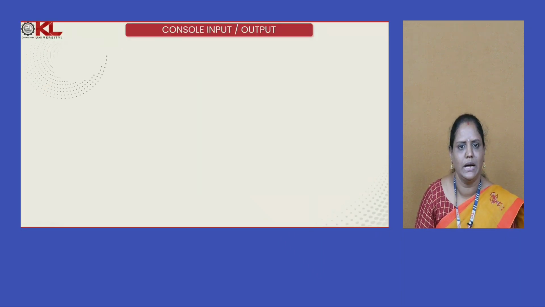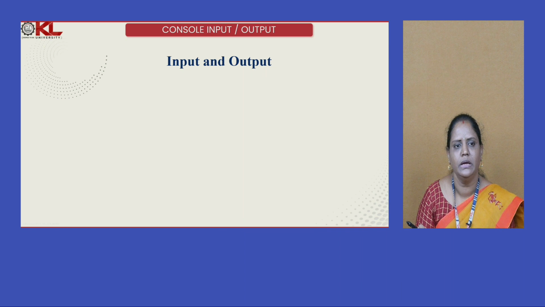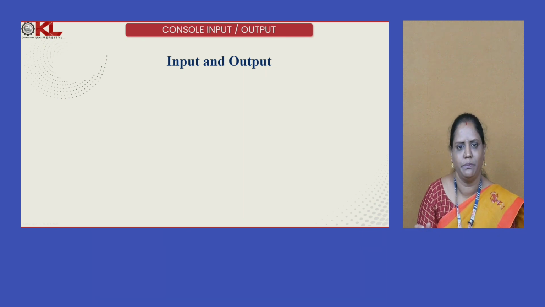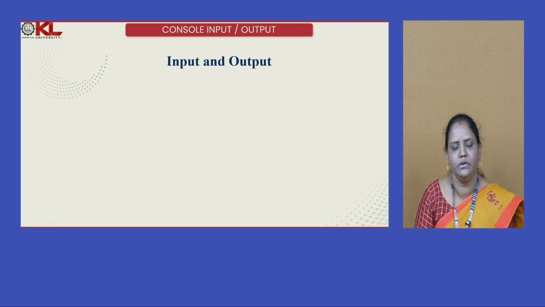Now we'll go with the console input and output. In the previous slides we discussed what type of values we can give to our program and how those values should be represented, like using int, float, char, double. Now, how to give this data? Whenever we write any program, basically we do input operations, some calculations, and then some output operations.